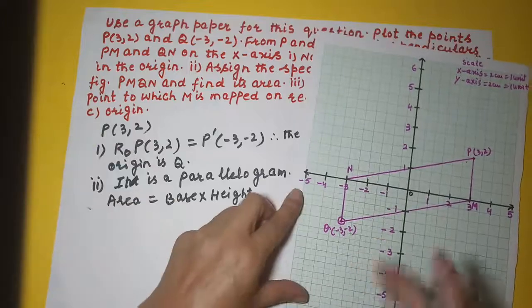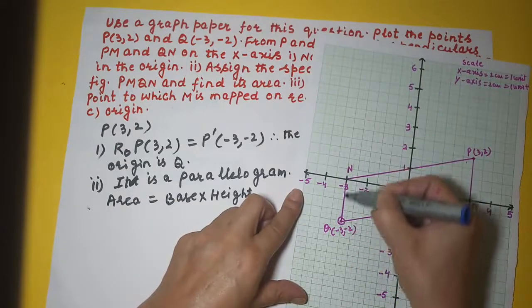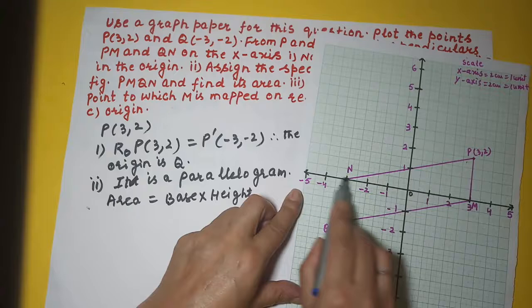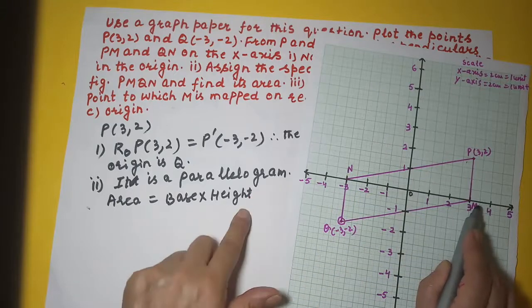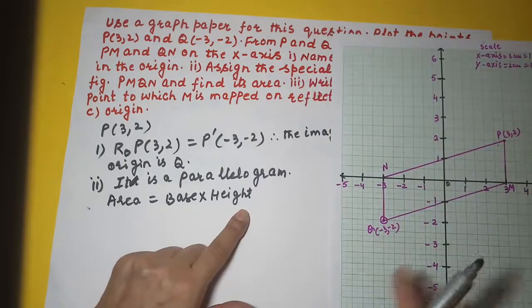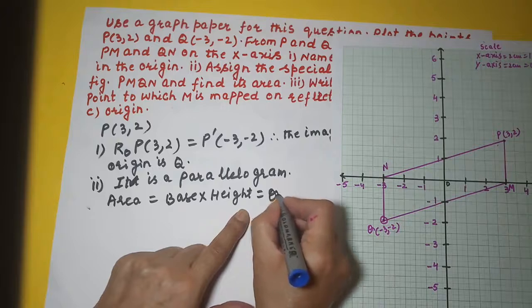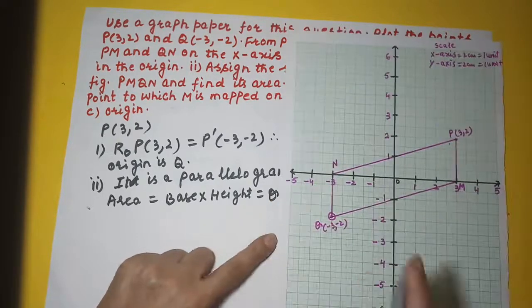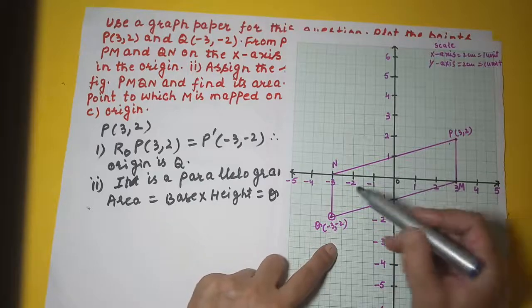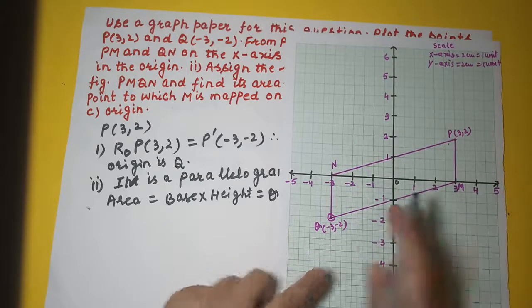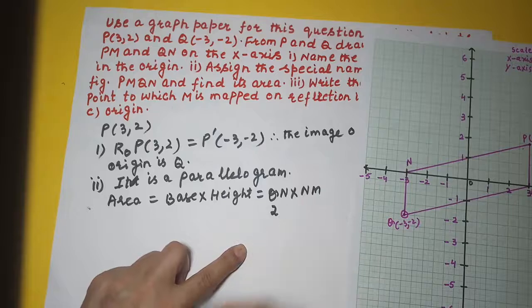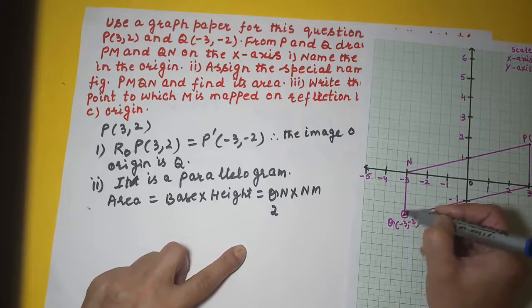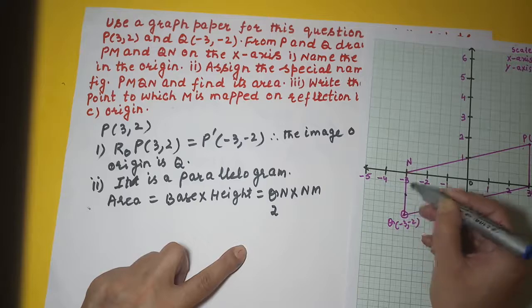Now, if I am taking QN as base and NM as height, I will multiply that and get the area of this parallelogram. So I will write QN into NM. So what is my QN? My QN is 2. It is 2 units because 2 centimeters is equal to 1 unit. So 1 and 2.